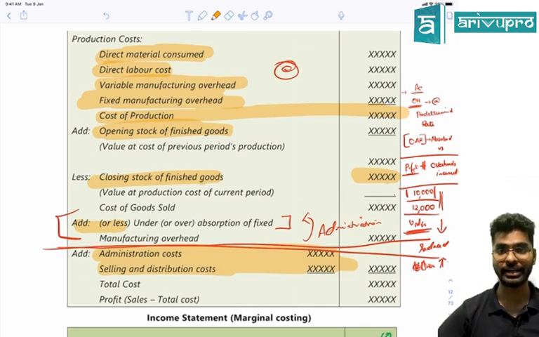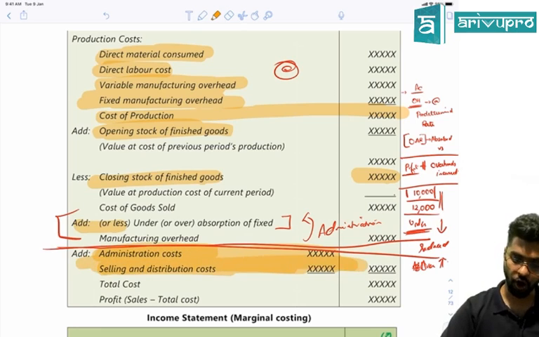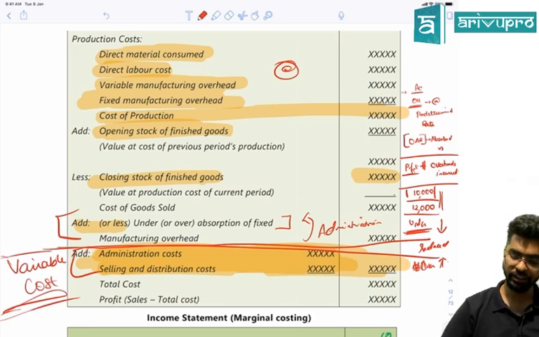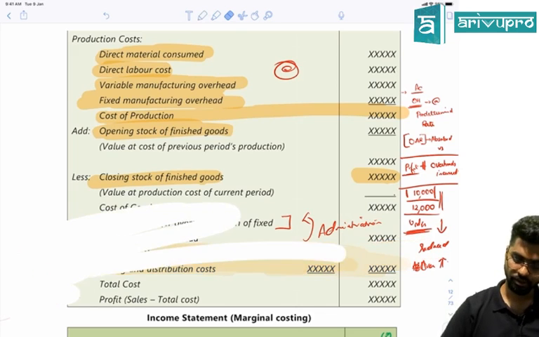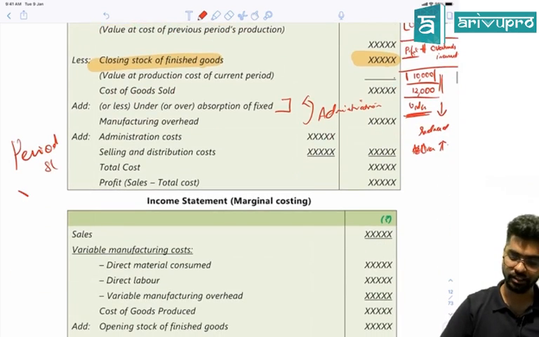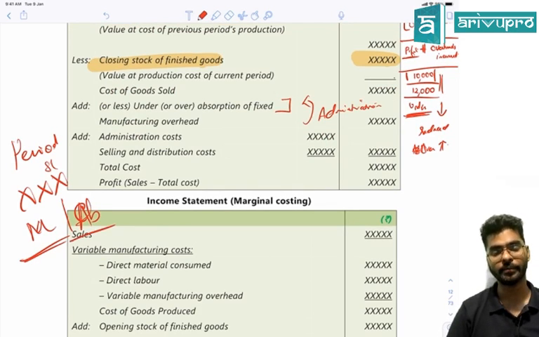Whether I'm doing marginal costing or absorption costing, my selling and administration cost will always be treated as period cost. Therefore, there will never be a change whether it is under marginal costing or absorption costing. Are you clear?